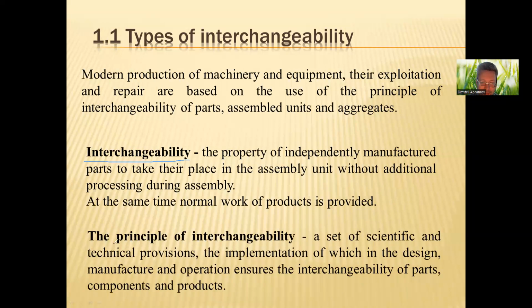The principle of interchangeability: a set of scientific and technical provisions, the implementation of which in the design, manufacture, and operation ensures the interchangeability of parts, components, and products.